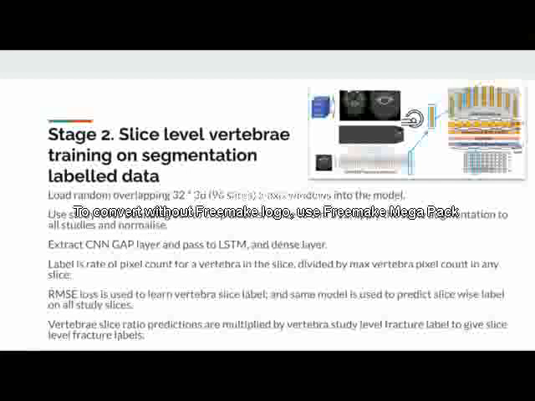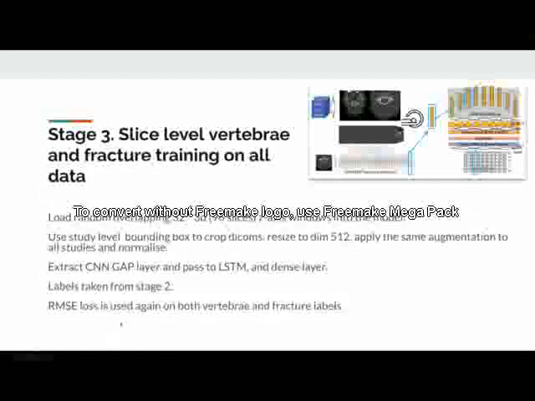So we take that data that we've predicted and we train a second model where, again, those 32 by 3D 96 slices along the Z-axis, we randomly take them out of different studies, crop out the image again, resize to 512, extract the gap layer, pass into the CNN. We take those labels from stage 2 that we talked through, and the model uses that, and we use RMSE loss to learn the vertebrae and fracture labels on all the data.